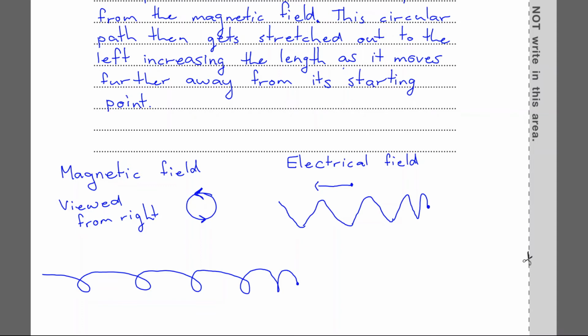And because it's releasing radiation, it's releasing energy, and it should be slowing down, and the radius of that loop, of that spiral, should be getting smaller. So we can say that. That's if the field is temporary.